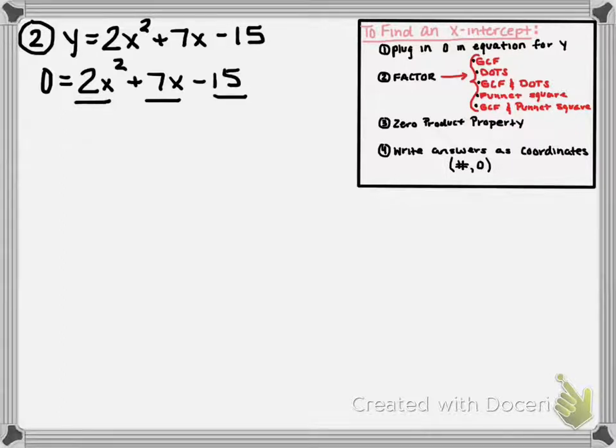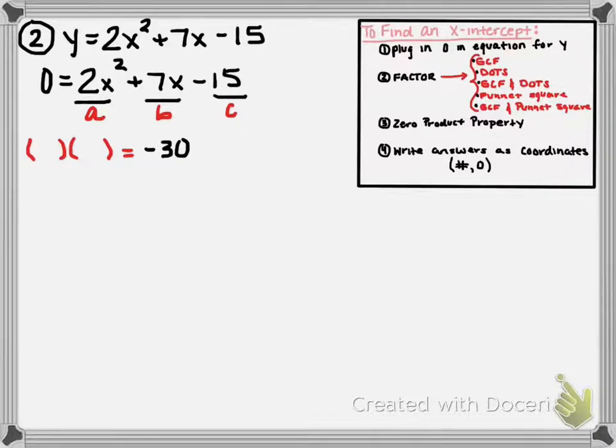When we learned to factor doing the Punnett square, first step was to identify A, B, and C. So I like to write them out. And then remember that we want to find 2 numbers that multiply to AC, and A times C is 2 times negative 15, which is a negative 30.